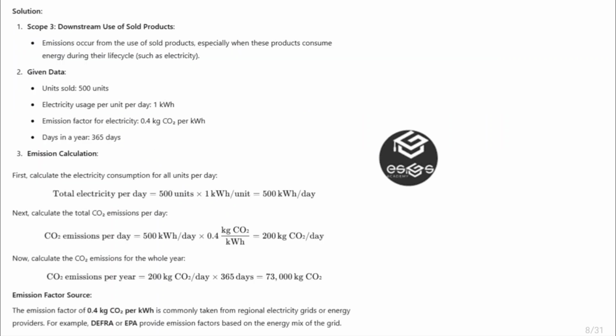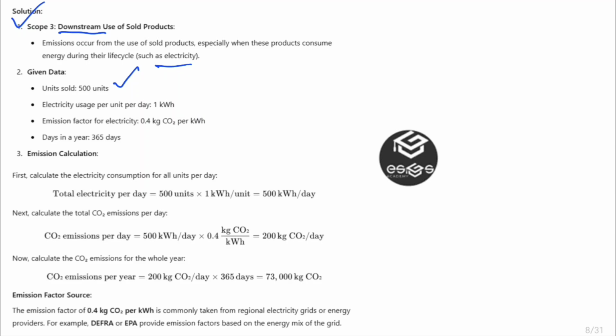But how did this answer come? Let us see the solution part now. In the solution, particularly for this downstream use of sold products, these emissions occur from the use of sold products, especially when these products consume energy during their life cycle, such as electricity. What is the given data here? 500 units were sold.